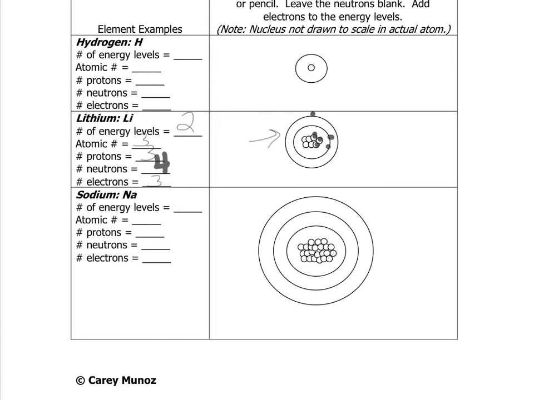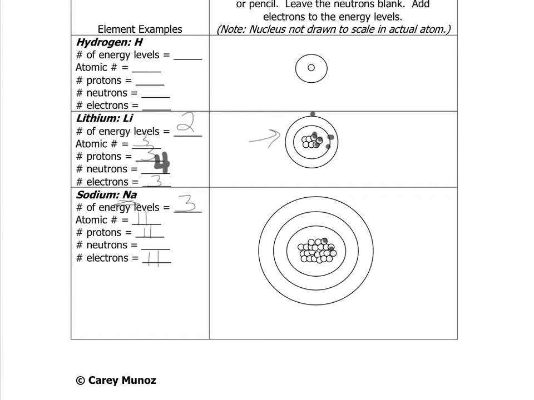All right, now we'll go to sodium. And I see I have 3 rings this time. And the periodic table tells me that Na has an atomic number of 11, which means 11 protons, 11 electrons. And we've got to find out, after we color in 11 of these, how many are left to be neutrons.